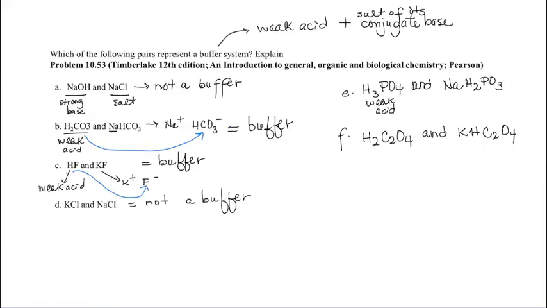Now, the question is, is the pair that I have in it the salt of its conjugate base? I see a no and I see a yes. Yes, we are divided.